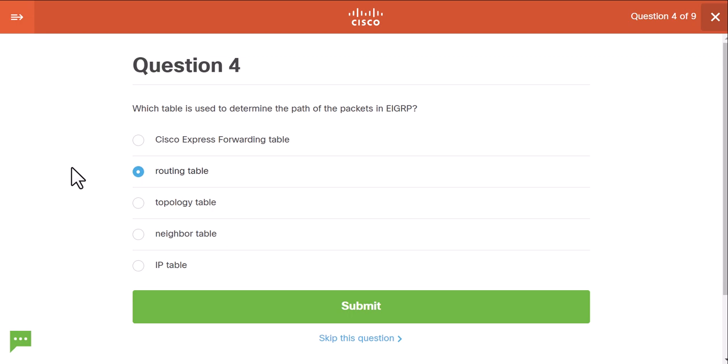It has the topology table, which has all possible, all learned routes. And then the best routes are installed into the routing table. So the path for the packets will be those routes which are installed in the routing table. I guess this is the correct answer.